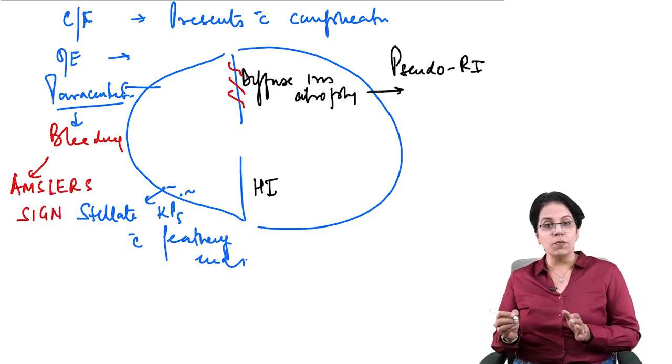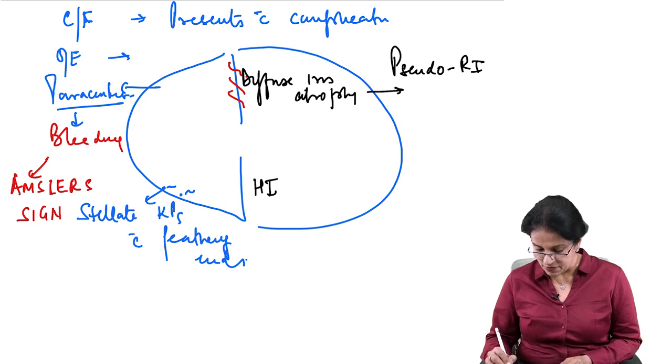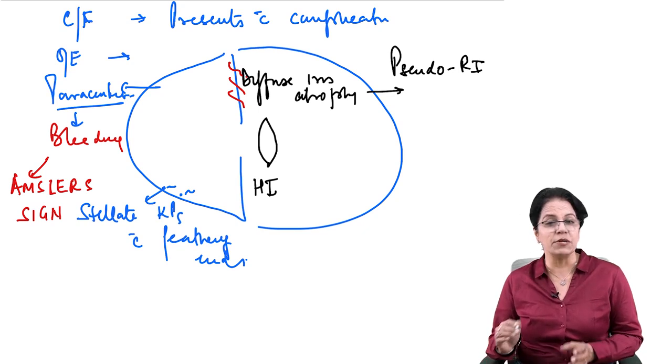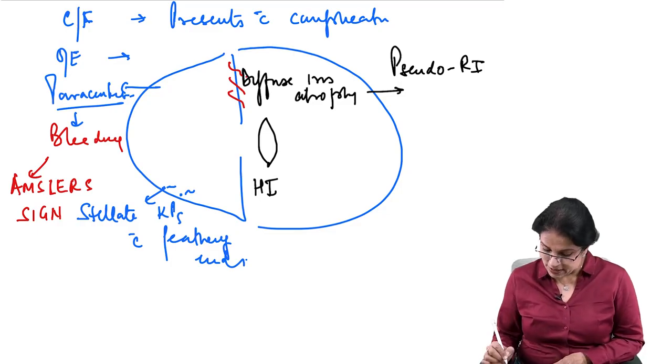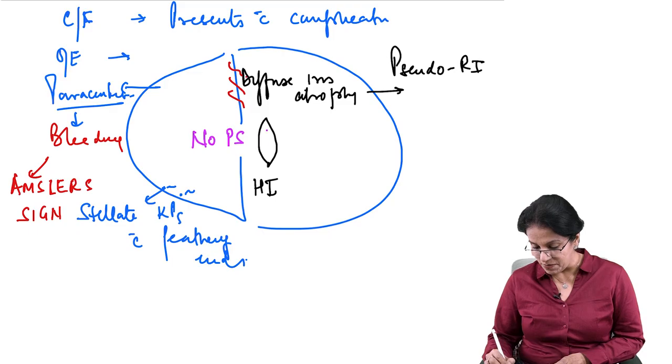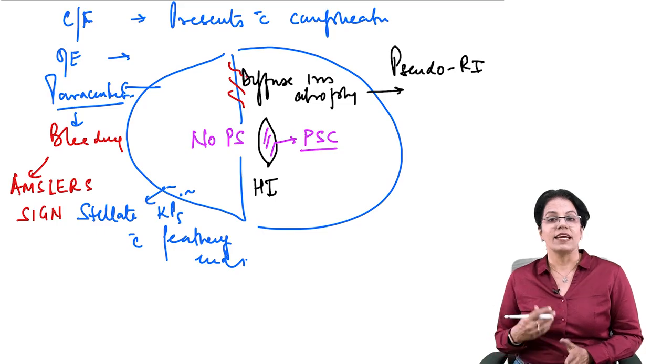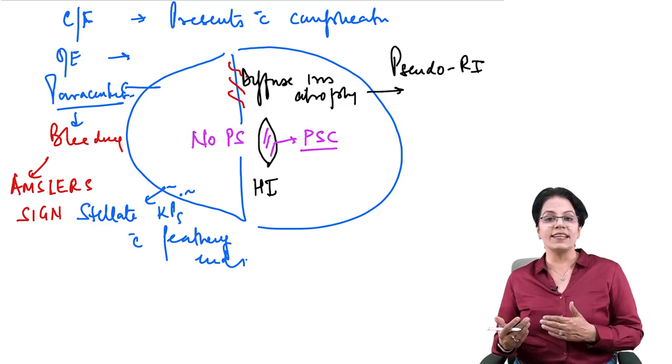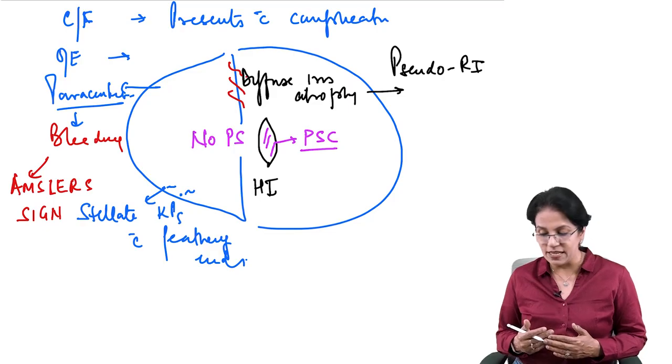Then, of course, no posterior synechia because of the iris atrophy and also because inflammation is not that severe. We will learn here no posterior synechia. And of course, there will be complicated cataract, which is most commonly a PSC, right? It can complicate as complicated cataract or secondary glaucoma, mainly like this.